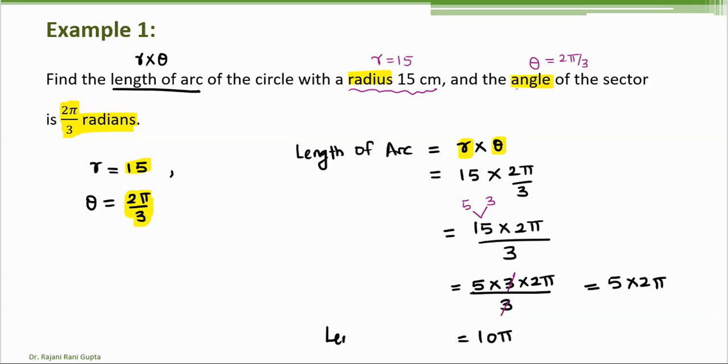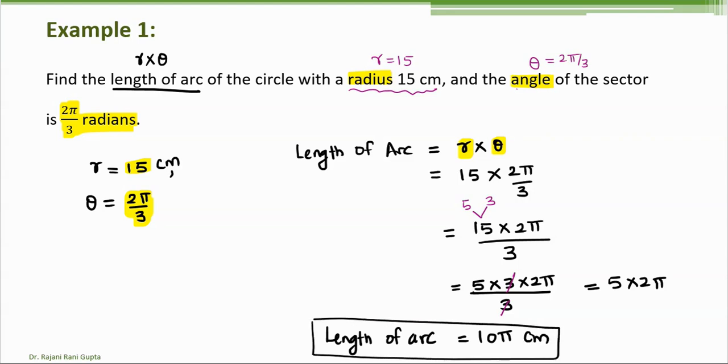Hence, your length of arc is 10 pi. Since R is 15 centimeter, length of arc is also in centimeter. Clear? You need to extract the information from the question and use the appropriate rule.